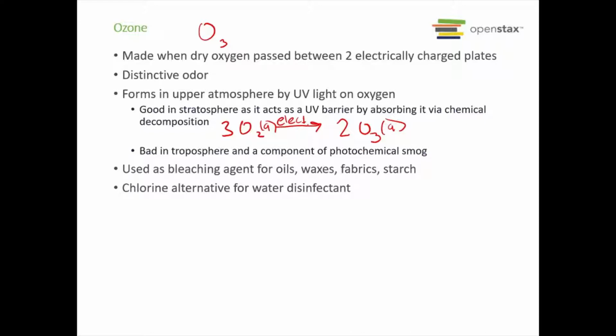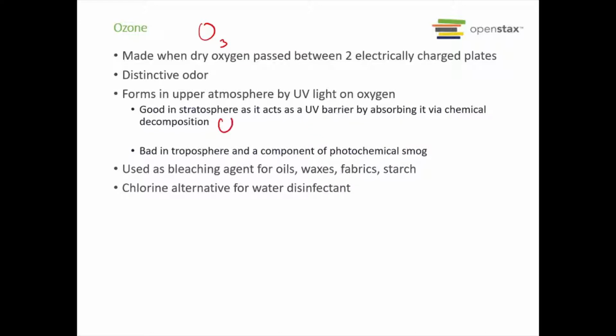Most of it is formed in the stratosphere. This is a good thing because, you've heard of the ozone layer, it acts as a barrier to UV light from the sun by absorbing it and then going through chemical decomposition. So we showed how it's made, but then the opposite happens.